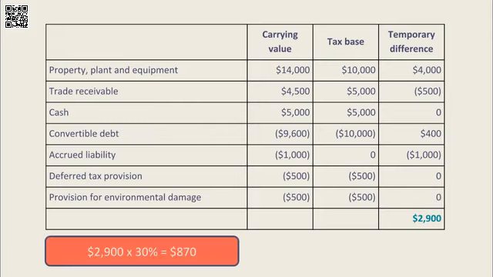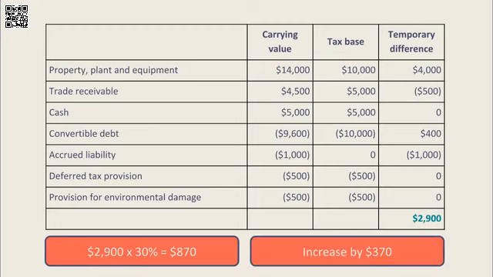At a rate of 30%, our required deferred tax provision is 870. We can see that the existing deferred tax provision is 500. We have, of course, not calculated any deferred tax on the deferred tax provision. We do, however, need to increase the provision by 370.